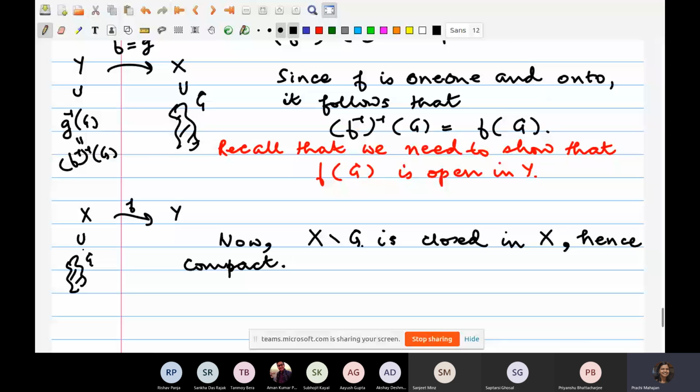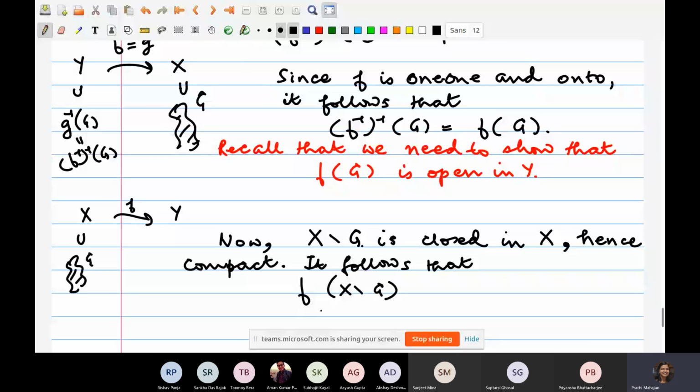And now I am going to apply the continuous function f to it, right? A continuous function takes compact sets to compact sets. It follows that if I look at this set, I am looking at the complement of G, applying f.